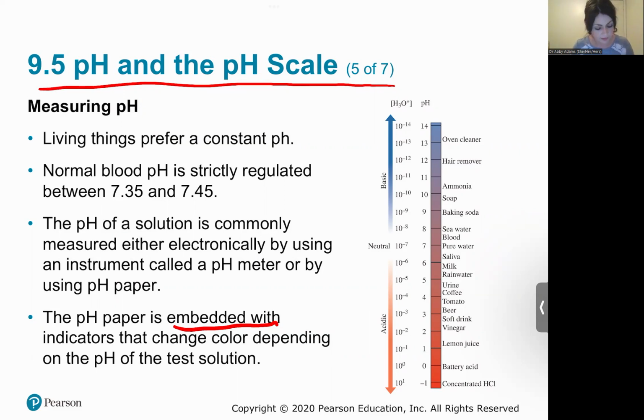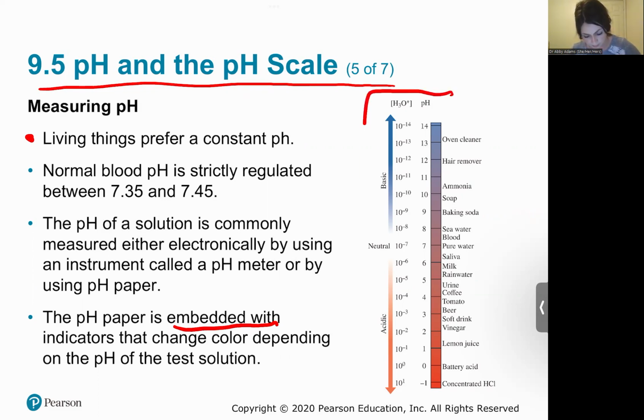So living things, as I said before, they really need to maintain a constant pH, so around 7.45 or so. And this can be measured. It can be calculated depending on if you know the concentration of the ions there. But if you go too far outside of that range of what your blood pH is supposed to be, that's actually going to be very dangerous, right?